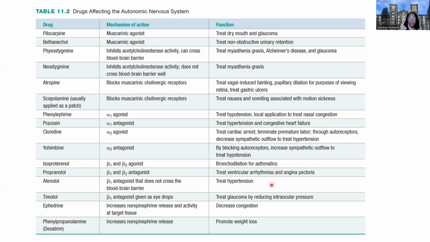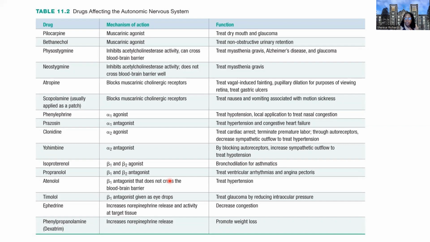An opposite function would be a beta antagonist. Atenolol is one of the blood pressure medications that we use. It blocks beta-1 receptors and treats hypertension. The reason is that beta-1 receptors are usually excitatory, so if we activate them, they increase ventricular contraction. In patients with high blood pressure, we want to block or blunt that response.